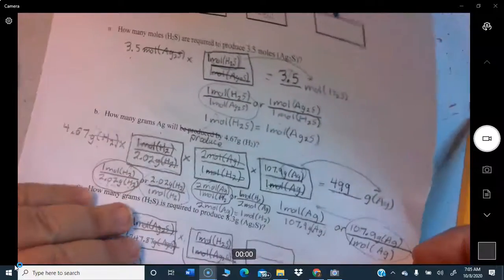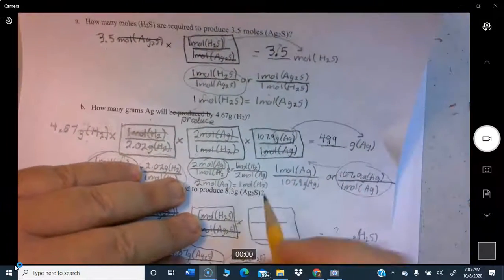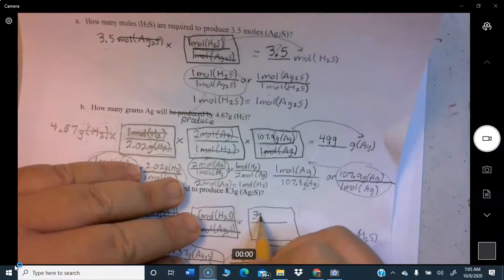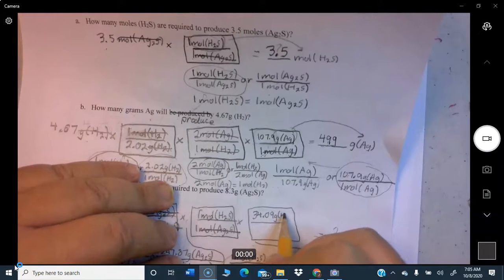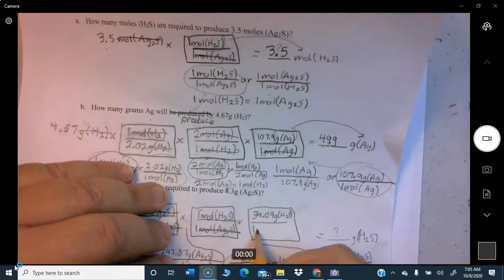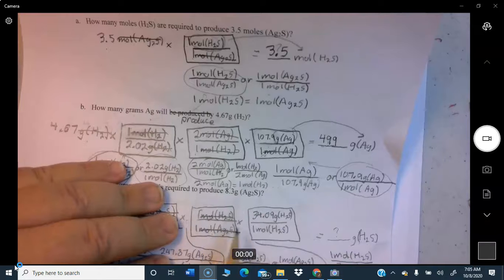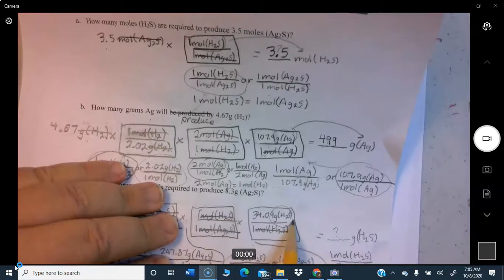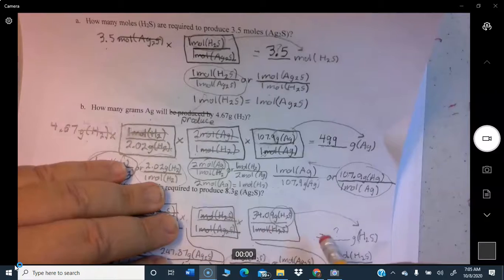All right. Okay, so moles of H2S cancels with that. Grams of H2S is the last man standing right there. So everything is set up properly.